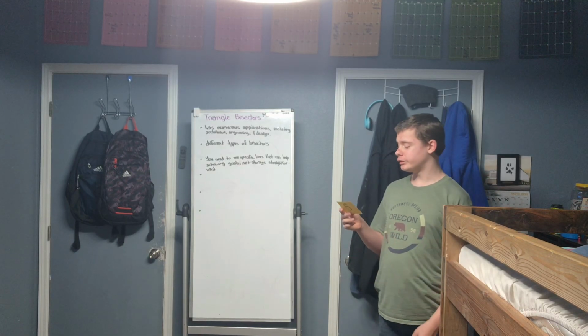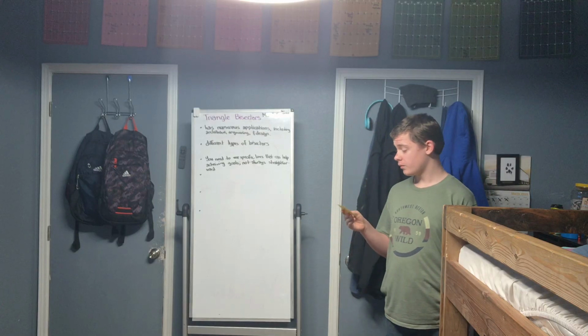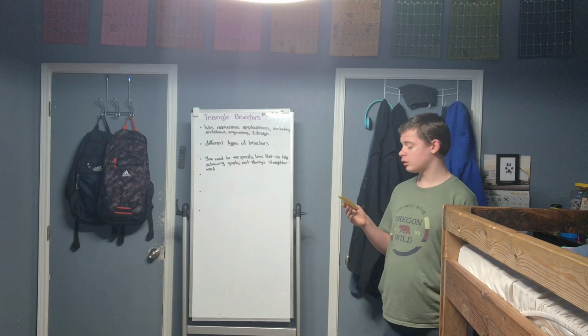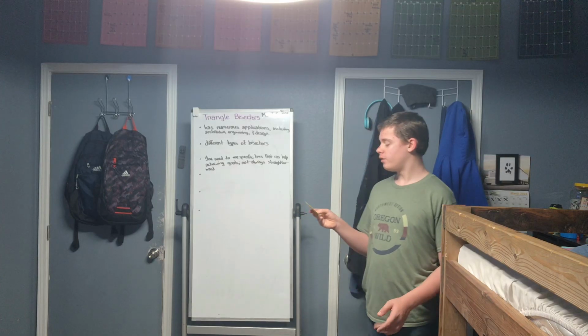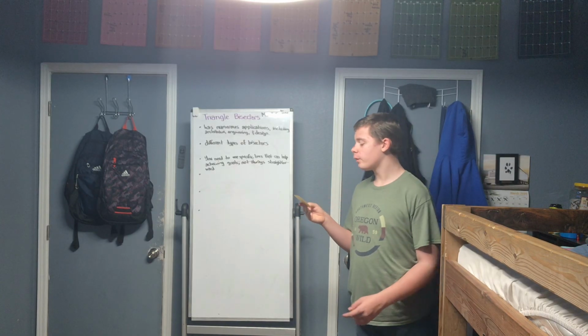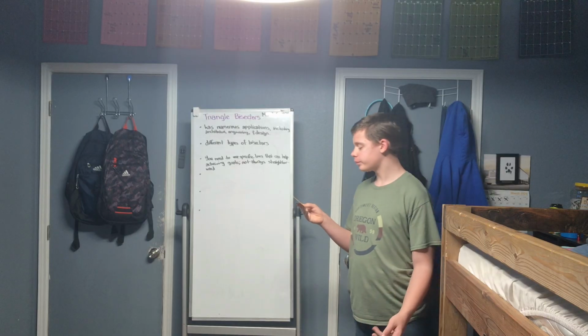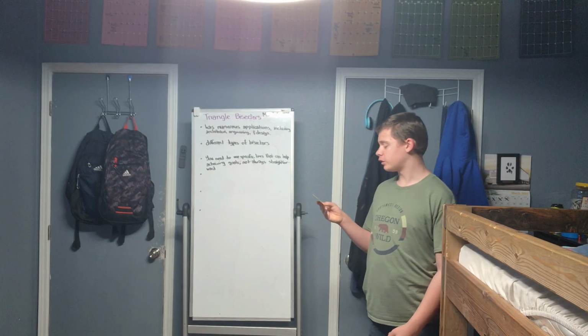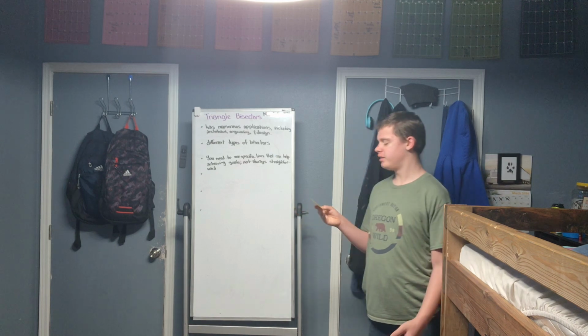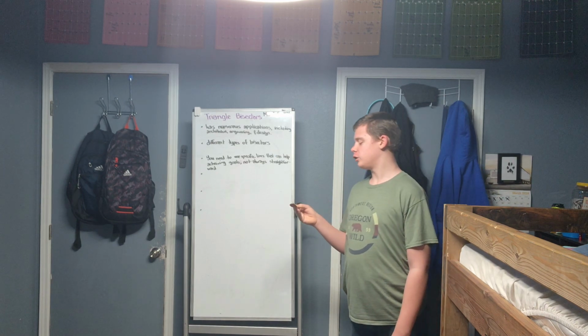These bisectors intersect at different points, creating points of concurrency that have unique properties. The incenter is a point where the angle bisectors intersect, and it's equidistant from all sides of the triangle.